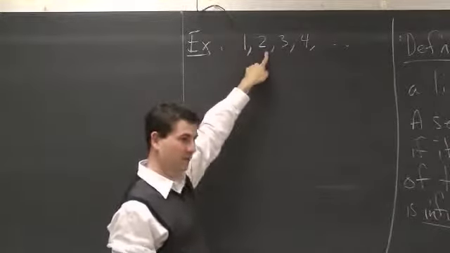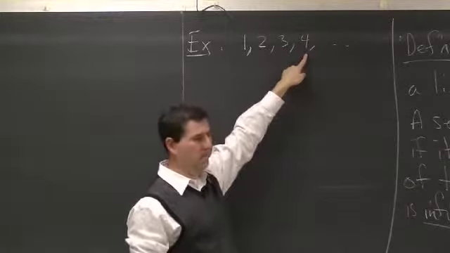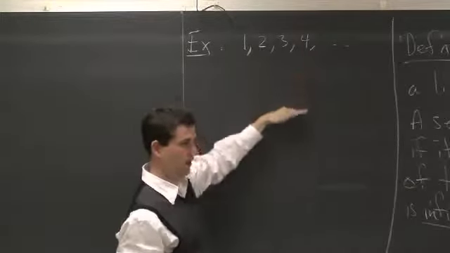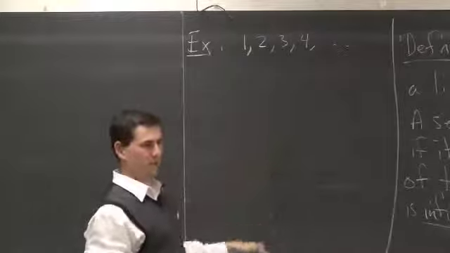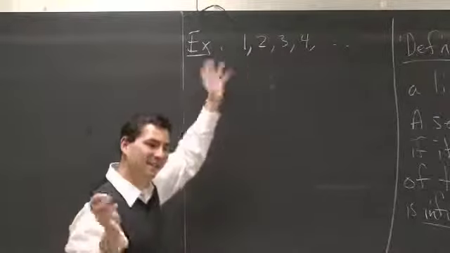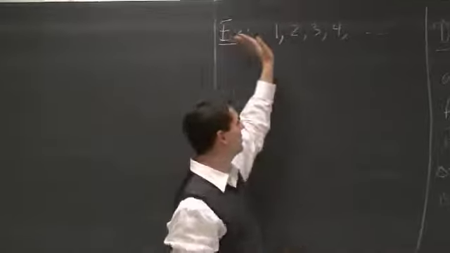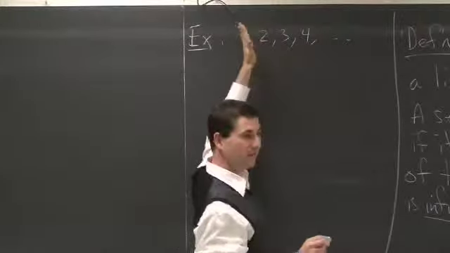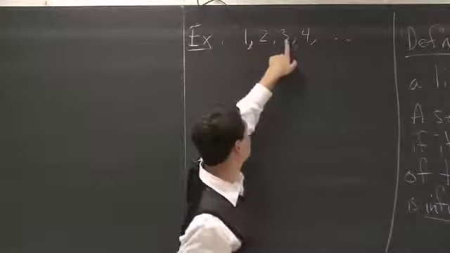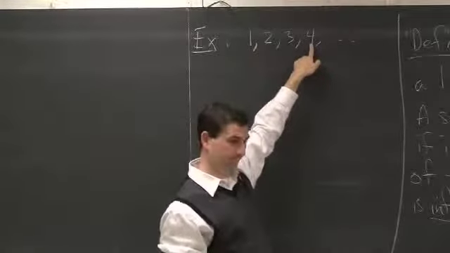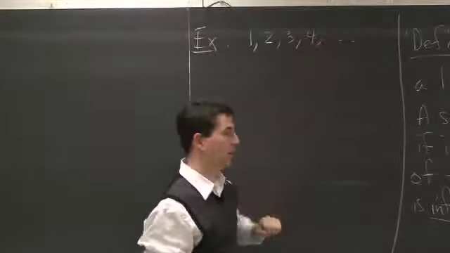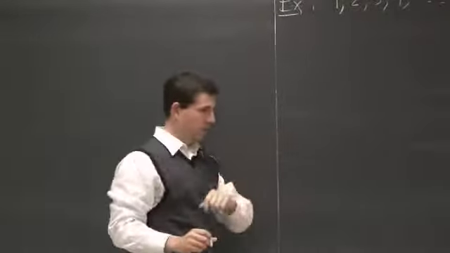The second term is 2, 3, 4. You might be saying, wait a second, you said it's a list. Doesn't it have to go down? Isn't that how you write your grocery list? Of course, it doesn't matter. You could write your grocery list like this. We're generally going to write our sequences separated by commas. And this will be the first term, the second term, the third term, the fourth term. Do you agree that's a sequence?